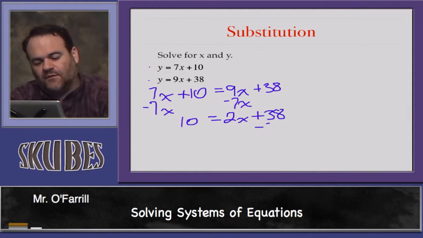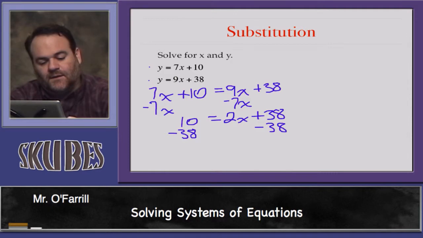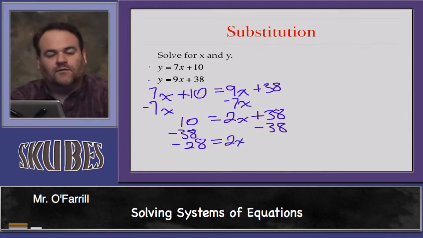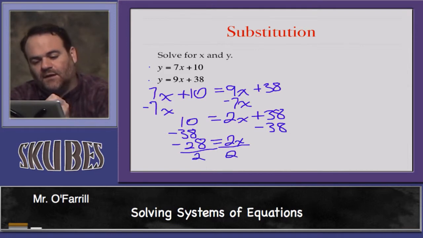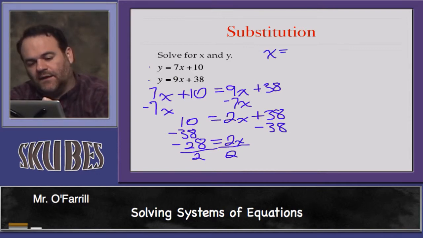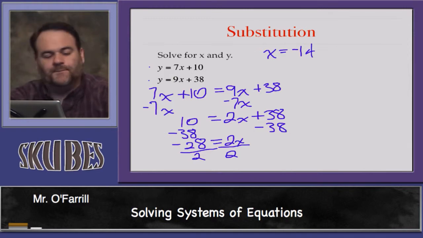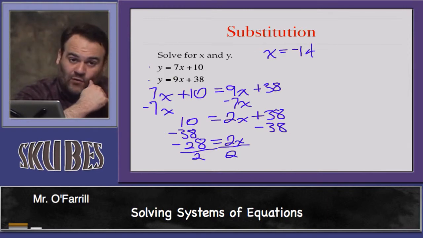We'll subtract 38 from both sides, and we have negative 28 equals 2x. Divide both sides by 2, and x equals negative 14.